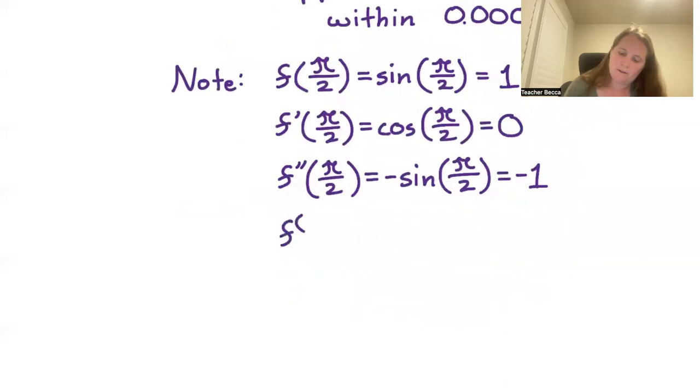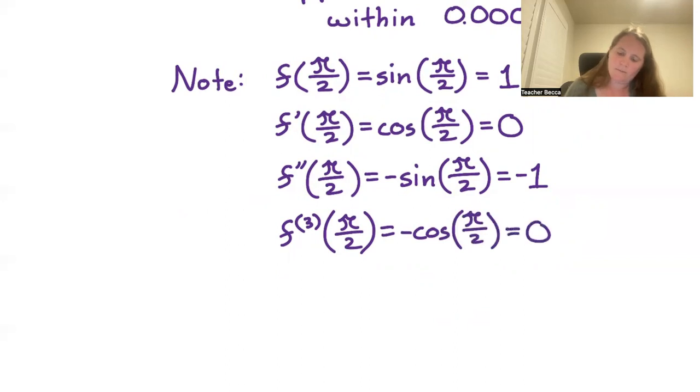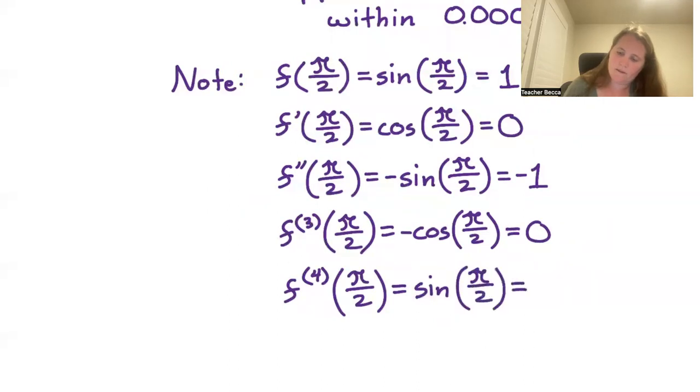The third derivative is negative cosine of pi over 2, which is 0. The fourth derivative is a positive sine, which is 1.